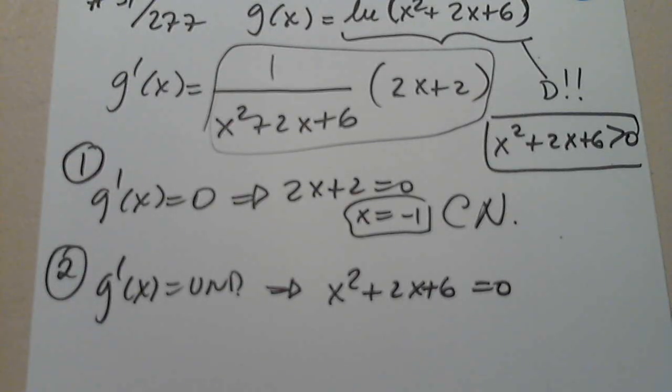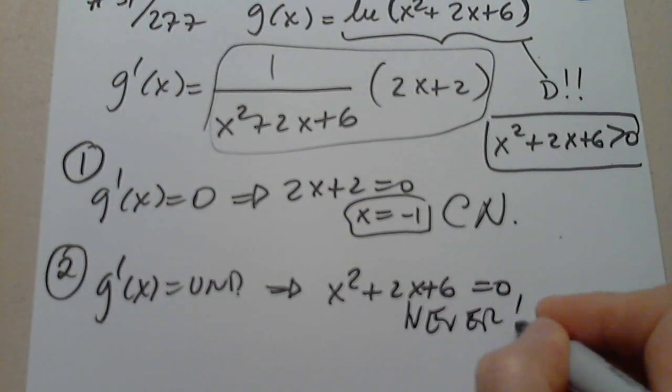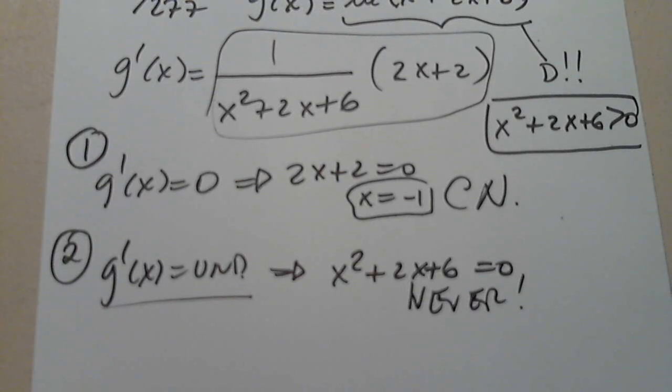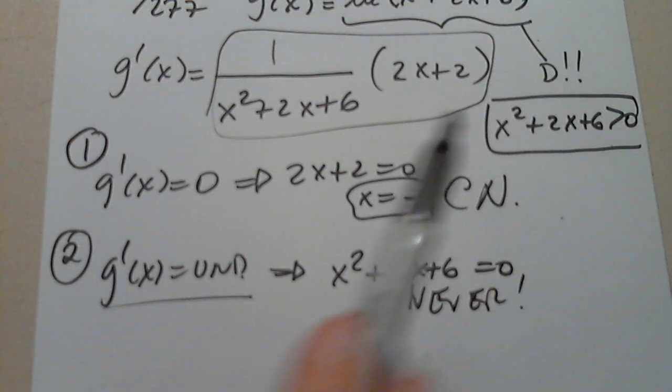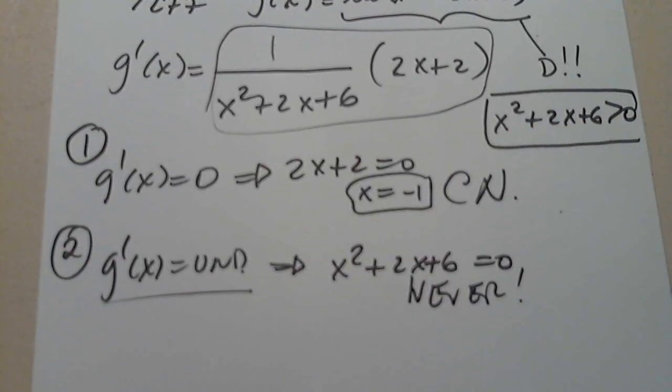So I want to see if this denominator can never be 0. And I click on enter. The solutions are imaginary, which means never 0. So we do not have any critical numbers coming from g prime being undefined. G prime is always defined, and the function is always defined. So this is the only critical number.